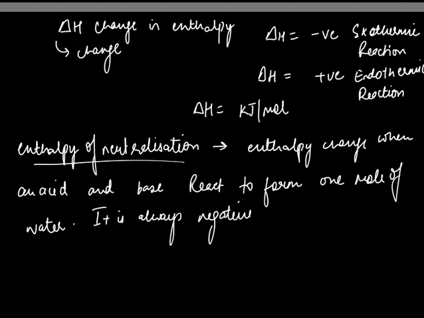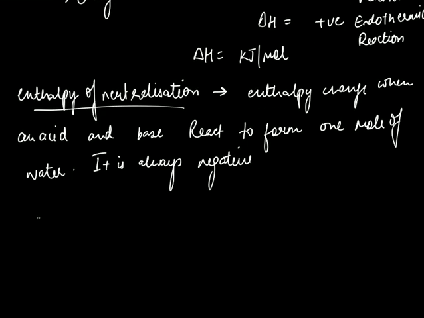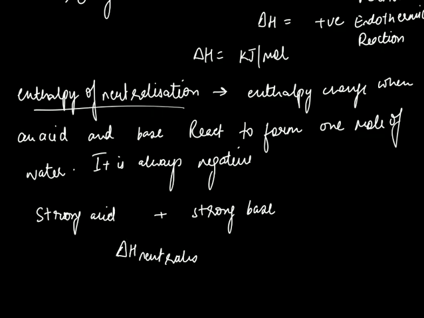Now, coming to the main part, for the strong acid, I'll come to the question. I'm just giving you background information. If you have a strong acid and strong base, the enthalpy of neutralization is a constant value.